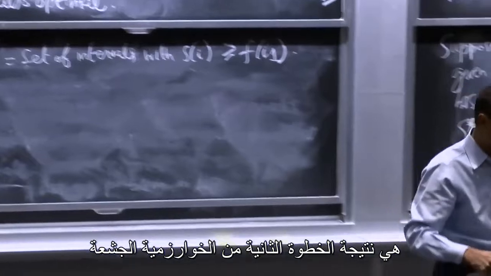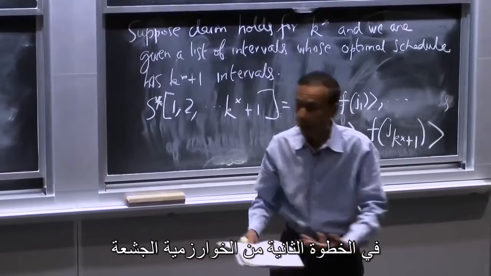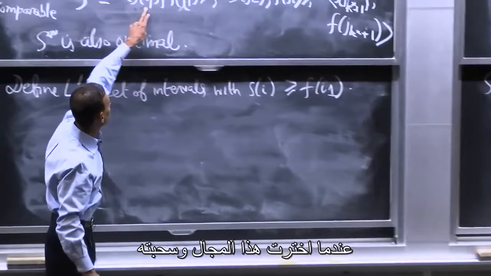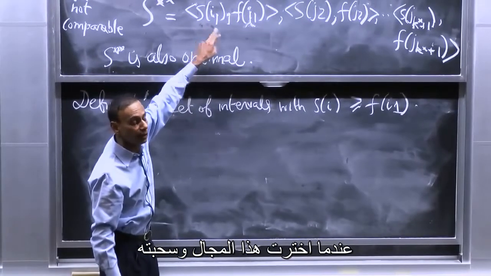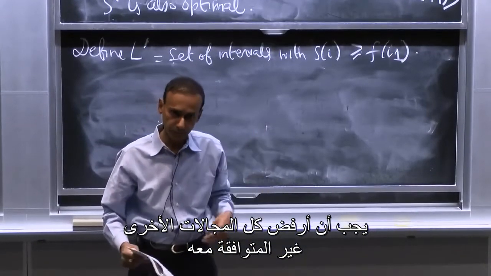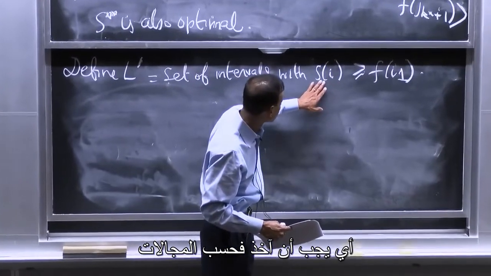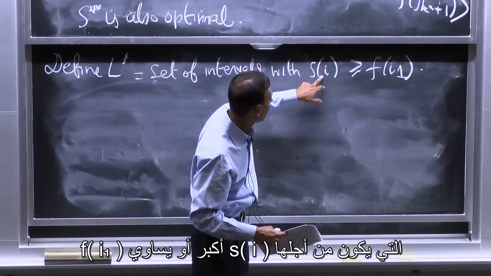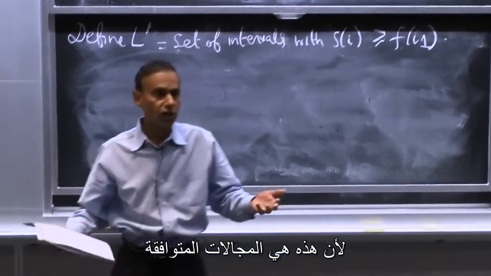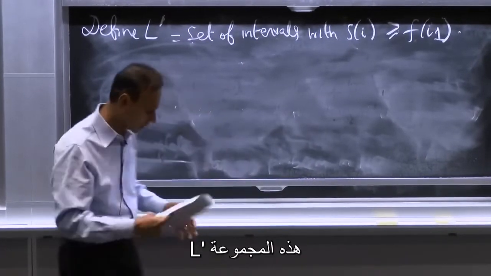Well, L prime is what happens in the second step of the greedy algorithm, where once I've selected this particular interval and I've pulled it in, I have to reject all of the other intervals that are incompatible with this one. Right? So I'm going to have to take only those intervals for which S of I is greater than or equal to F of I1, because those are the ones that are compatible. Okay, so that's what L prime is.